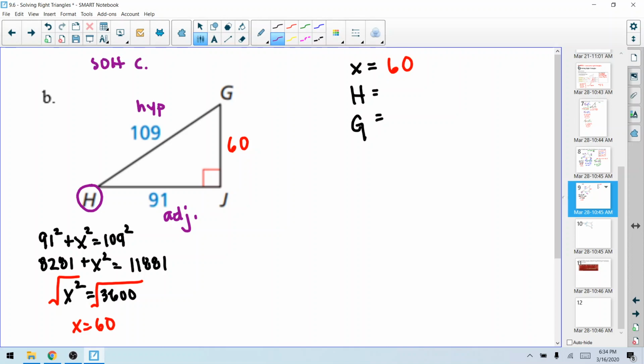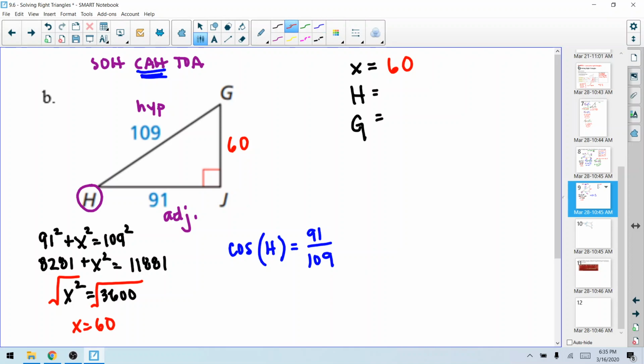So, CAH from SOH CAH TOA, adjacent and hypotenuse, CAH. So we have to do the cosine of the angle. The angle we're dealing with, angle H, equals the ratio of adjacent over hypotenuse. So 91 over 109.